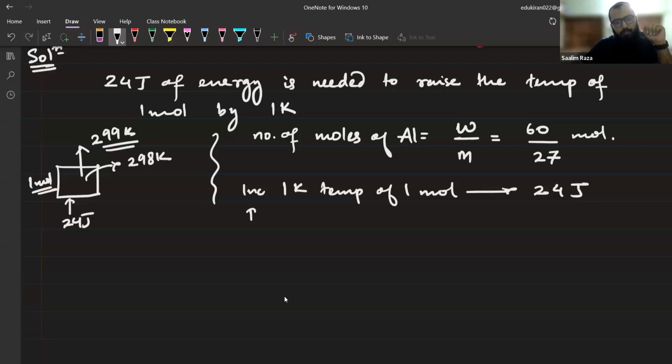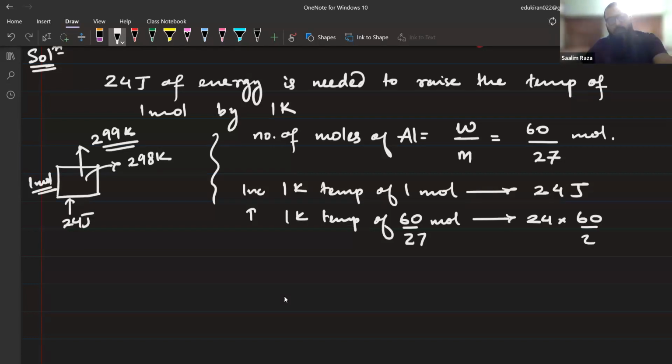To increase 1 Kelvin temperature of 60 by 27 mole, we will require 24 multiplied by 60 upon 27 joules. Is this also clear? Unitary method, yes or no?